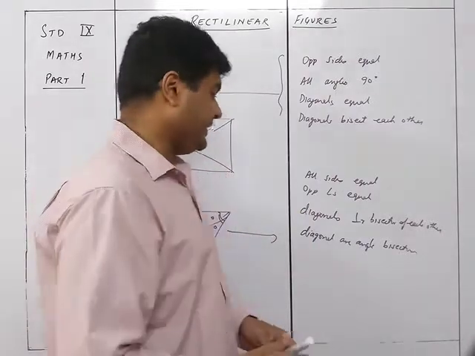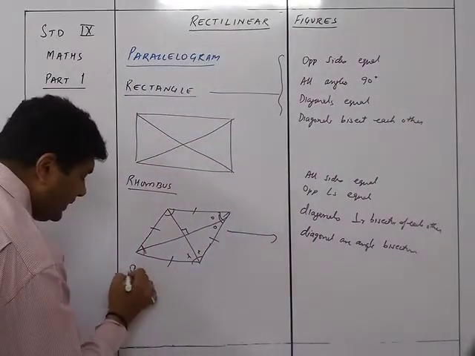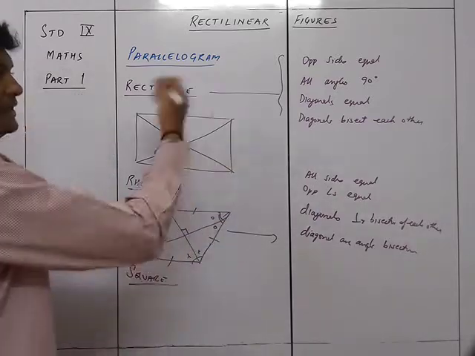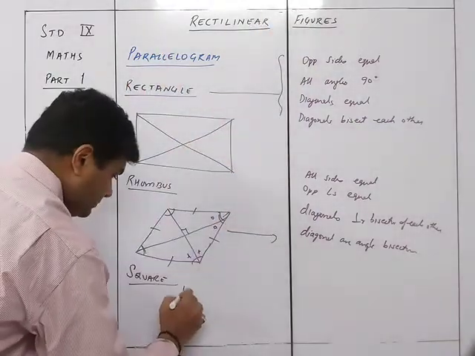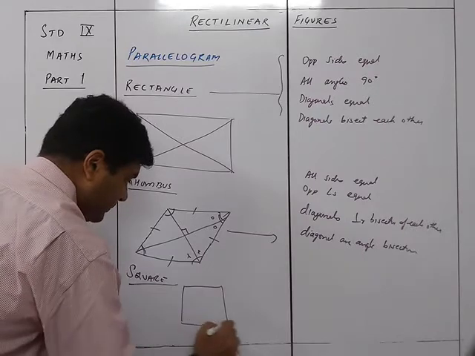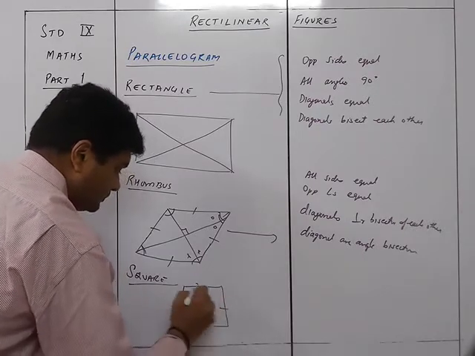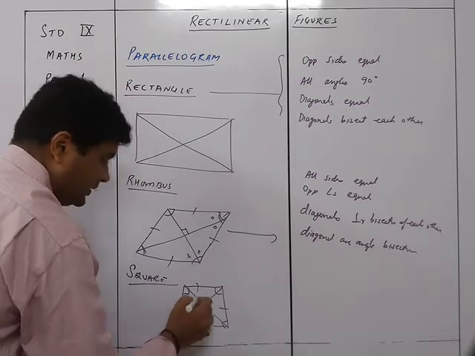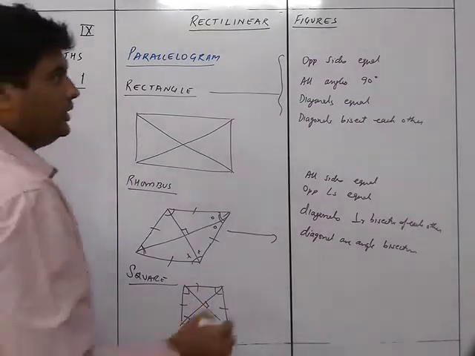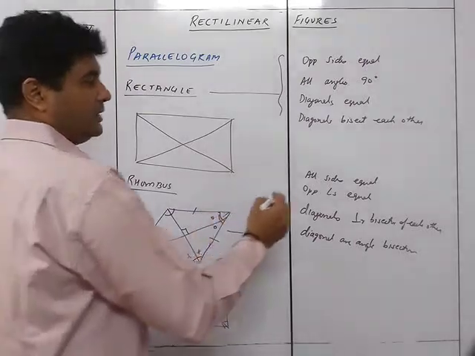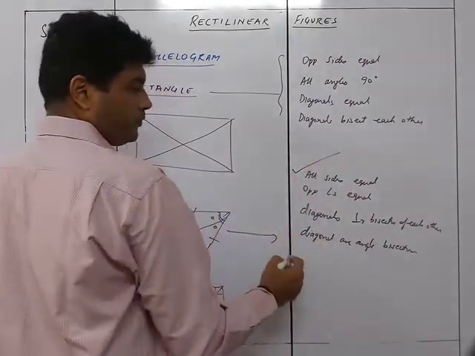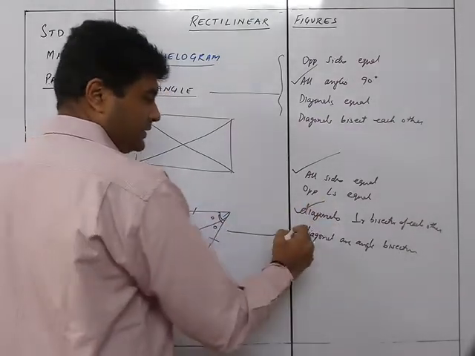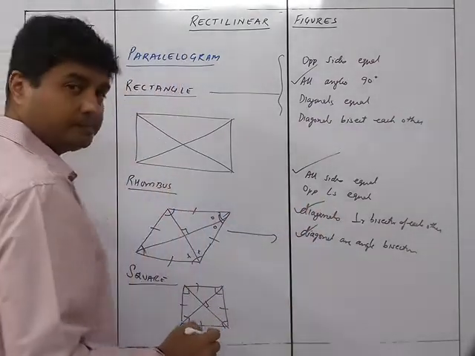The last one is a square. Now square is one in which all these properties are available. That is like this, it's a square, all sides equal, all angles 90 degree, diagonals equal, diagonals perpendicular bisector, diagonals angle bisectors.